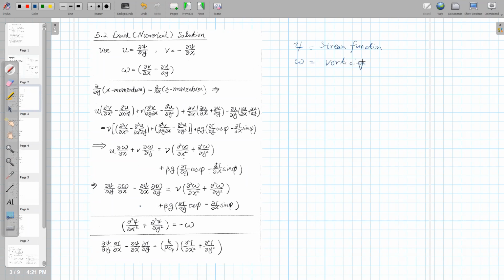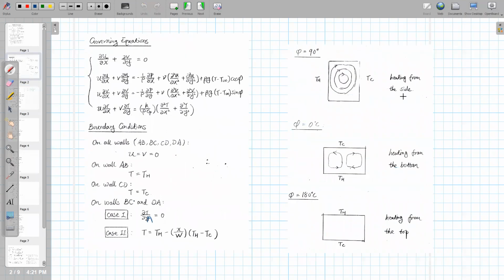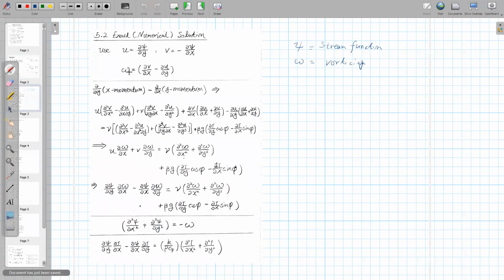We need omega here because, as you already see in this closed internal natural convection, we have all these vortices behavior, and the vorticity measures the rotation of the fluids. So this is the vorticity definition for this 2D case: partial v partial x minus partial u partial y. This guarantees that the positive omega direction will be the positive z direction, to satisfy the right-hand rule.